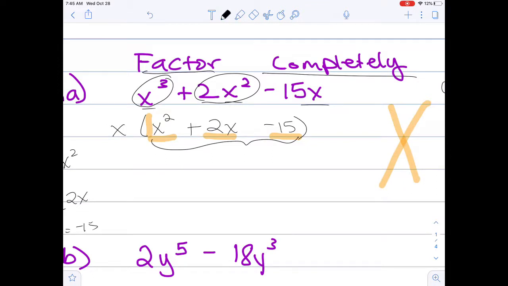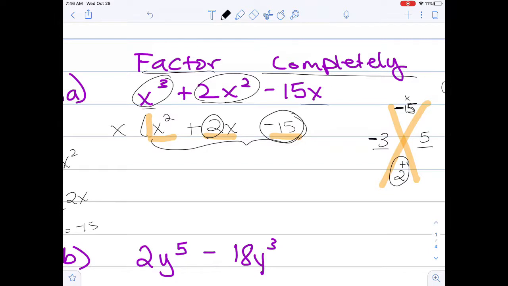We put our c term on the top, b term on the bottom. What 2 numbers will multiply to 15 and add to 2? Well, I know 3 and 5 can make 15. If this is negative, one of those values has to be negative, but they have to add to 2. So I'm going to make the smaller one negative and the bigger one positive.